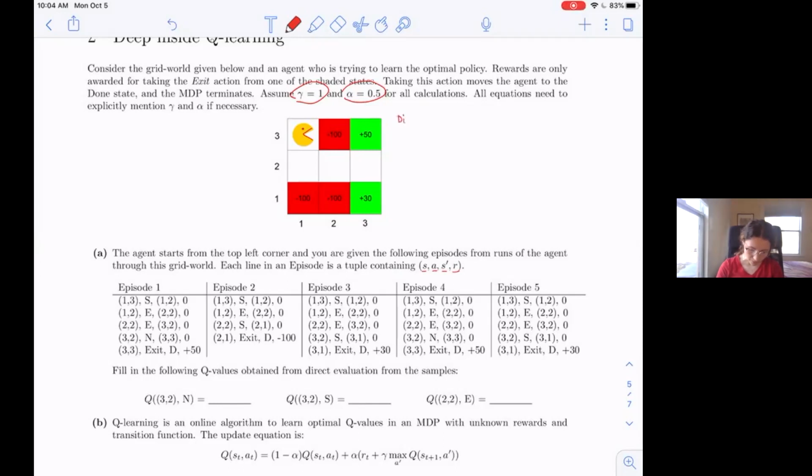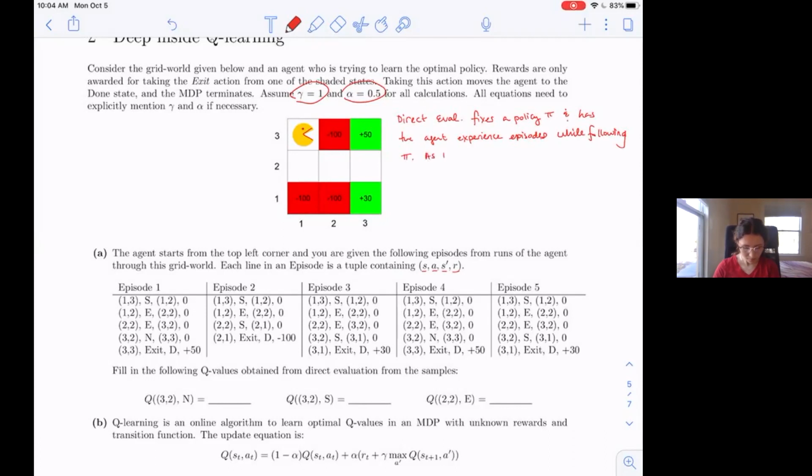So direct evaluation fixes a policy and has the agent experience episodes while following pi.